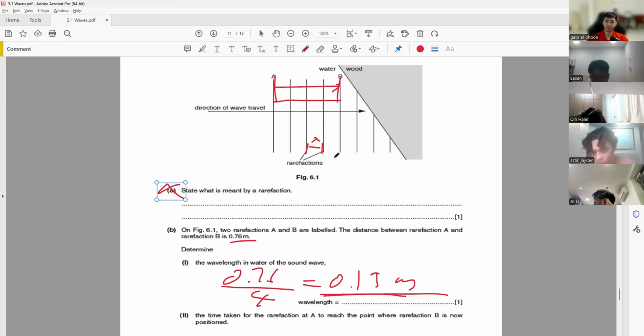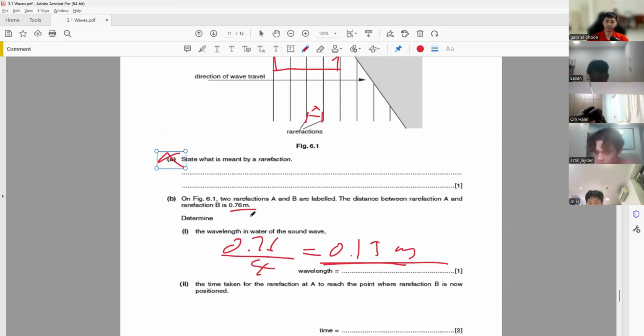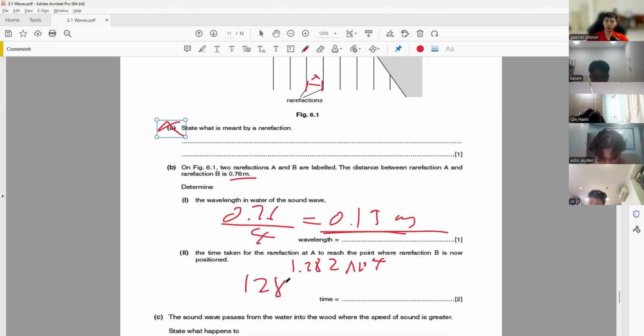My answer is 1.282 times 10 to the power of 4. That seems like a really big number for such a short distance. 10 to the power of 4, you're essentially at 12,820 seconds already.